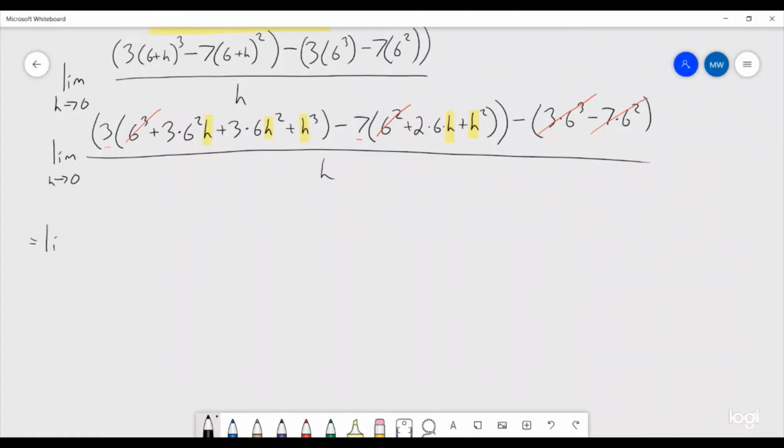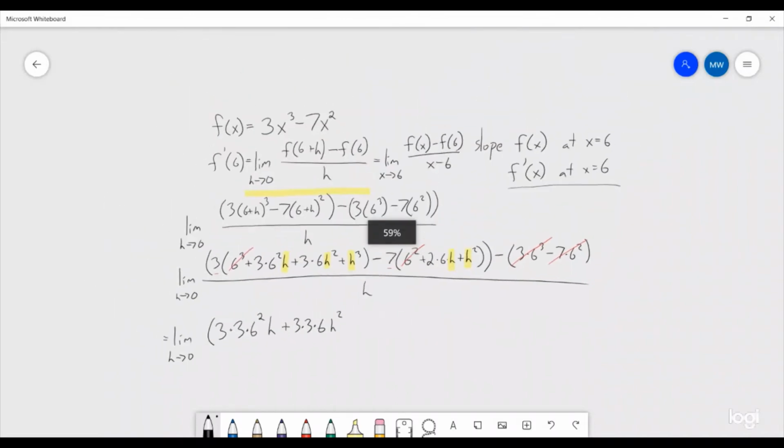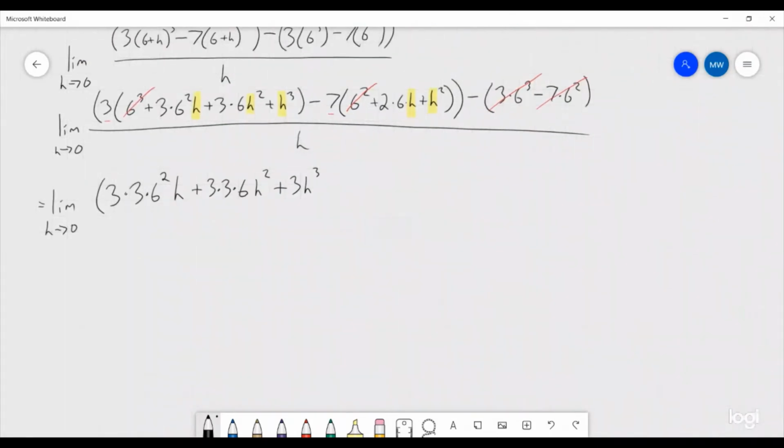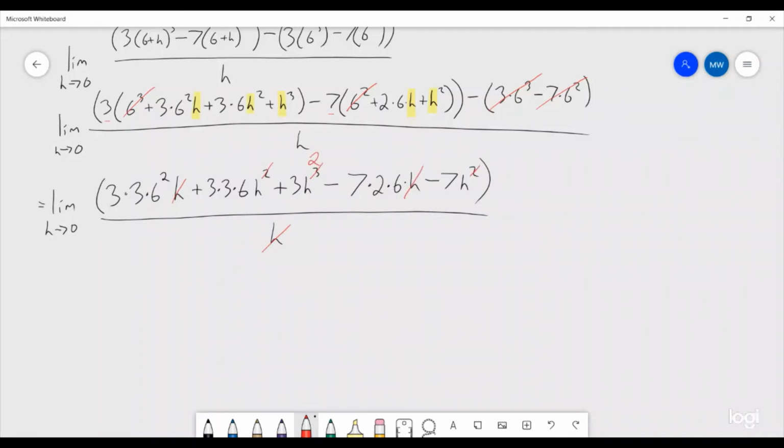So this is equal to the limit as h goes to 0 of 3 times 6 squared h plus 3 times 6h squared plus 3h cubed, minus 7 times 2 times 6 times h minus 7h squared, all over h, which means the h in the denominator cancels with one h in each term.